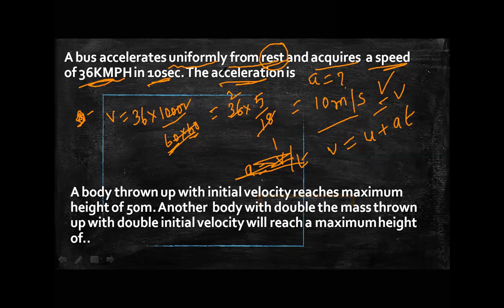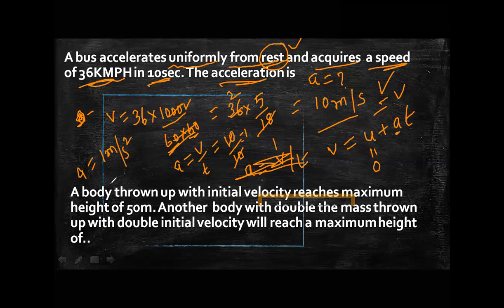He said the bus accelerated uniformly from the rest, so U is equal to 0. He's asking A, so A is equal to V by T. So V is 10, time also 10. So A is equal to how much? 1 meter per second square.